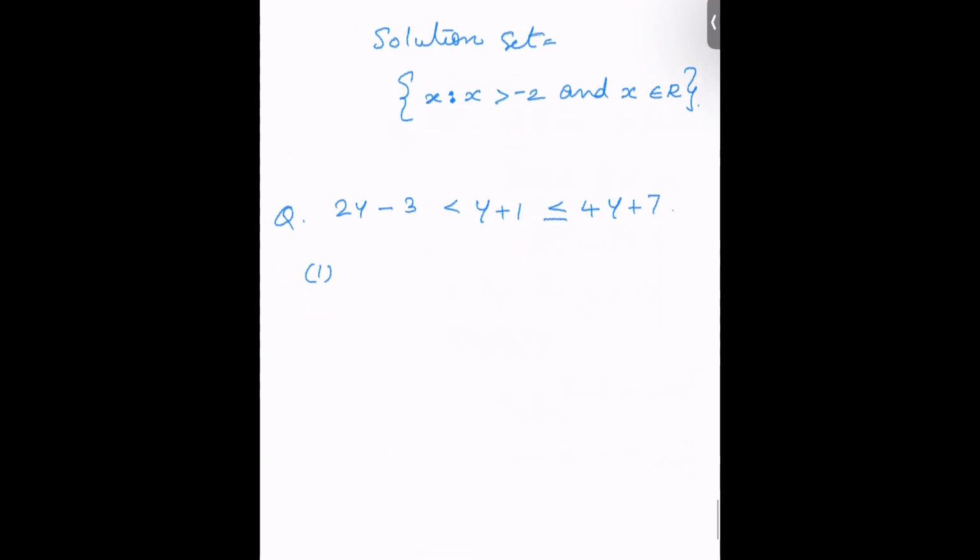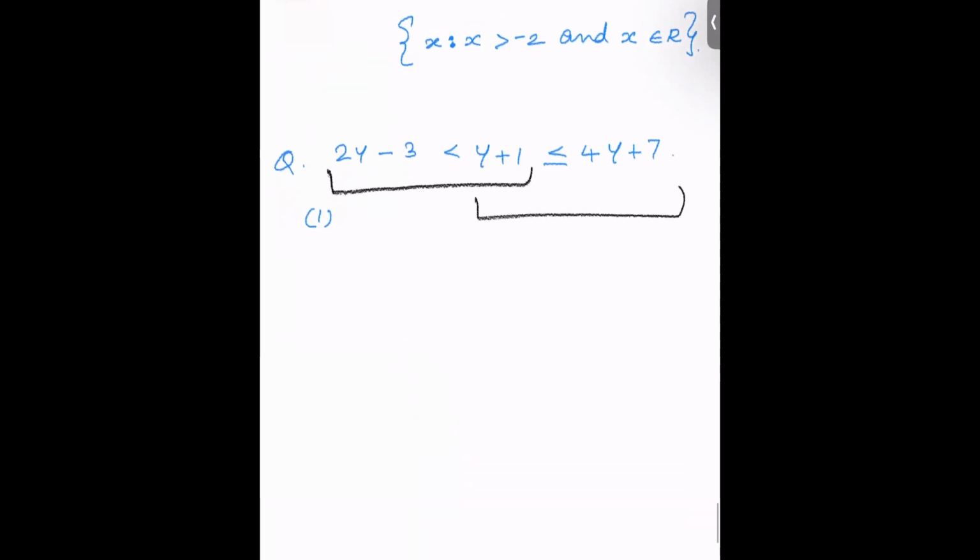So in this situation, first you solve this set of inequation, and then after solving this, you solve the other inequation. Got it? So that's how you do. Here you just take 2y minus 3 less than y plus 1.